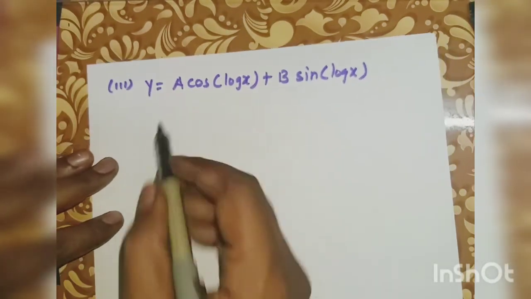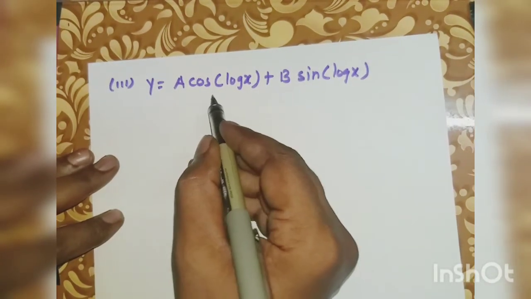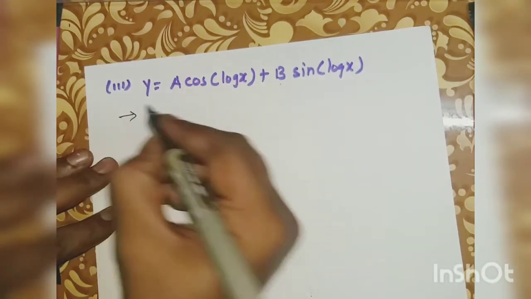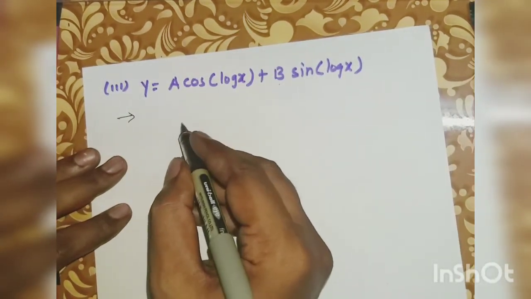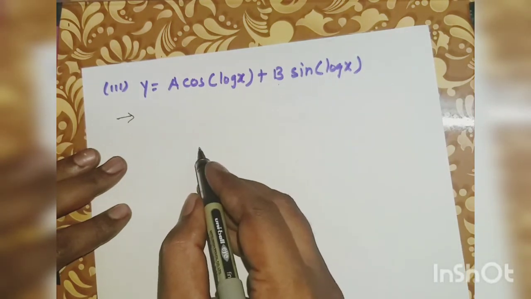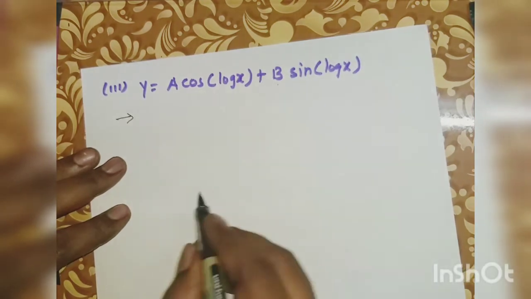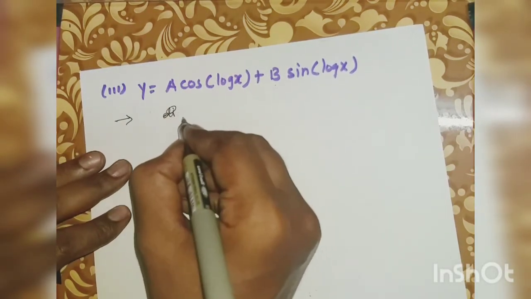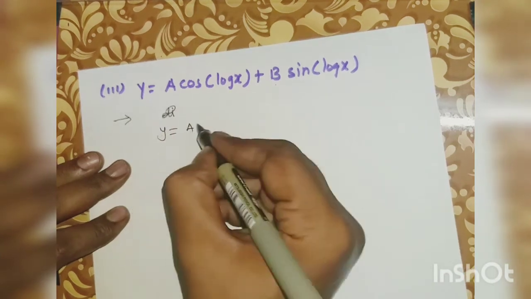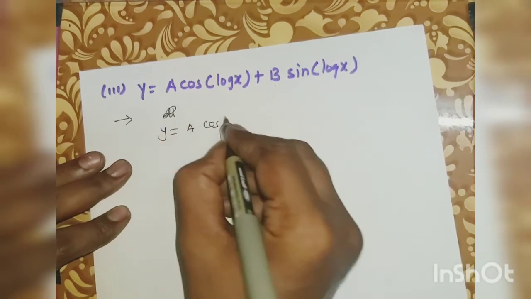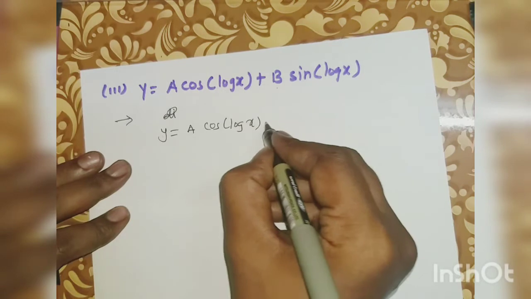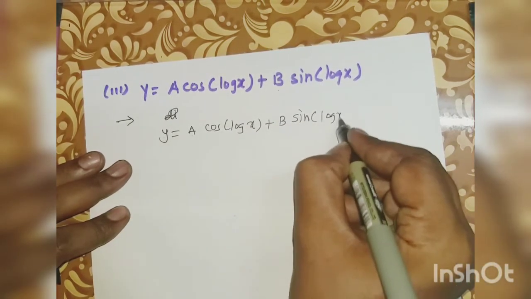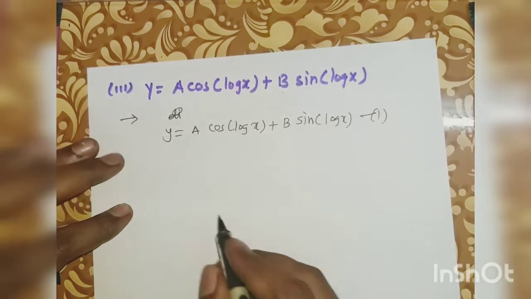Third: y is equal to a cos of log x plus b sin of log x. This equation also contains two constants. Therefore, we take two differentiations and get the second order derivative. First write the given equation: y is equal to a cos of log x plus b sin of log x, equation 1.